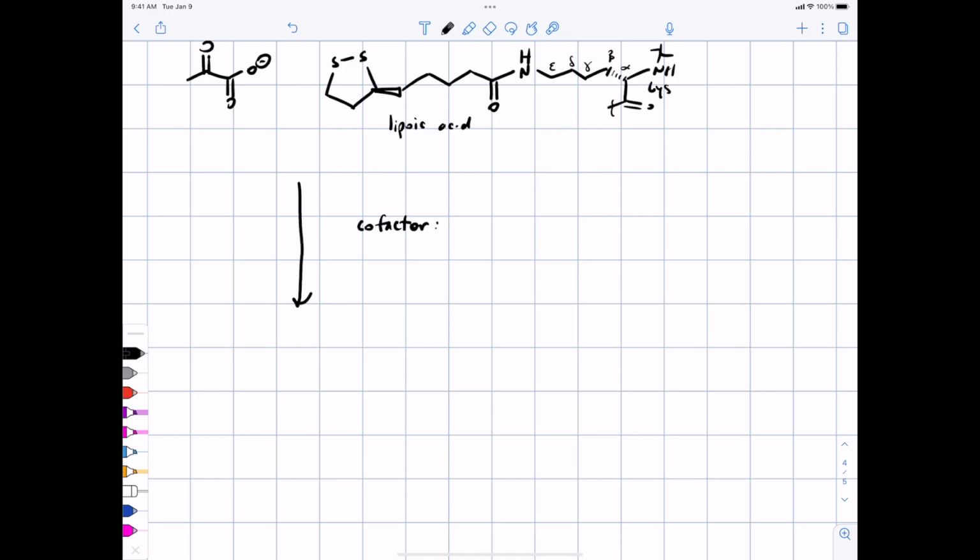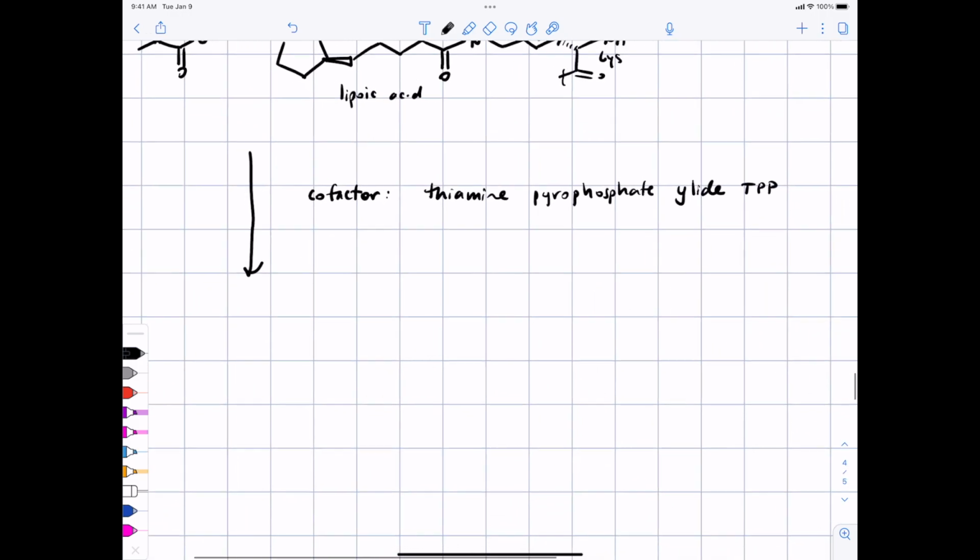And then there's a cofactor called thiamine pyrophosphate ylide, or TPP.